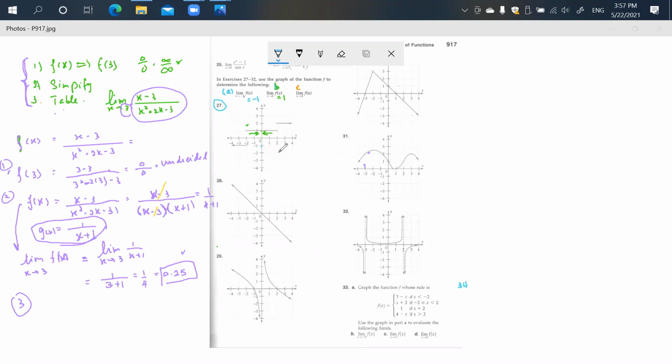Is there any graph below 2? No, right? But up here, how many graphs? Have this one, and another graph on the right-hand side, this one. So they have this graph and this graph, linear, parallel, horizontal.